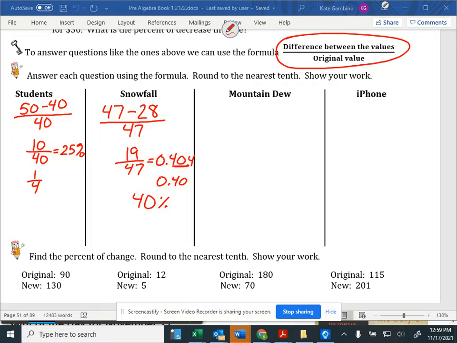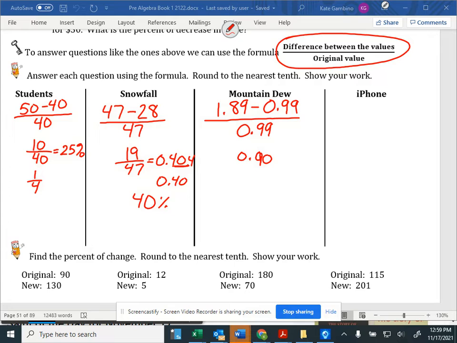So Mountain Dew. Today it costs $1.89. It used to cost 99 cents. So we want to go over the original. The original was that 99 cents. So $1.89 minus 99 cents is 90 cents, right?